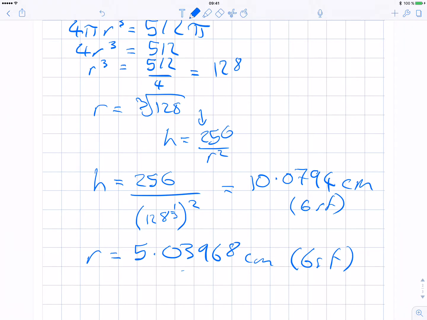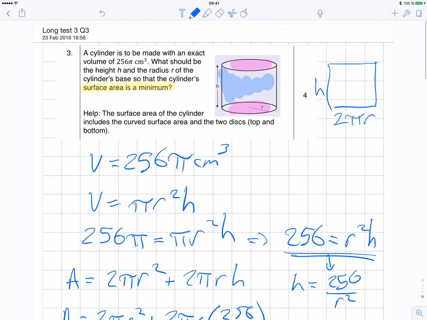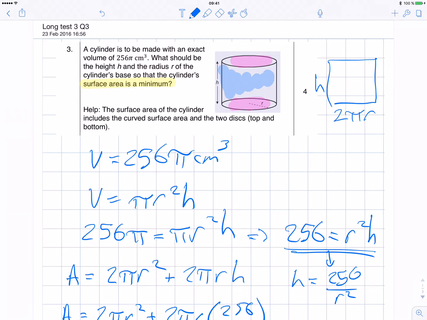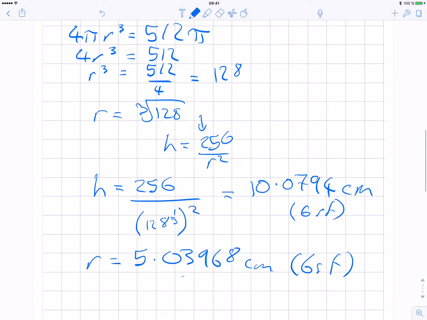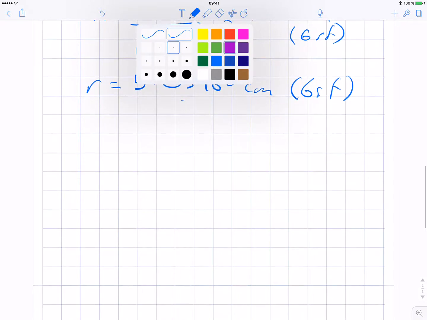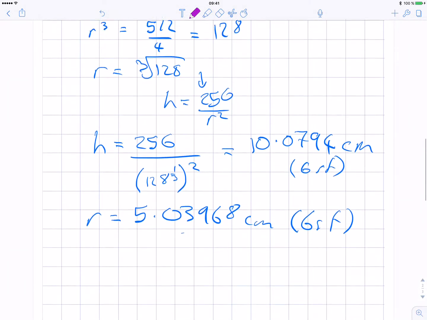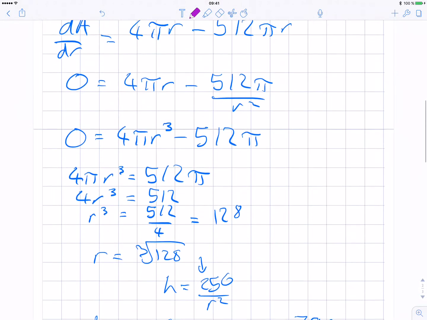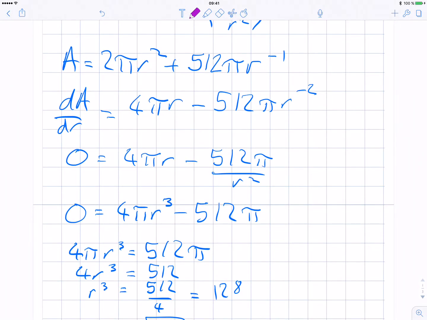Just make sure I've got all the calculations right. I'm happy with that. Now, does it ask me to check if it's a minimum? No, it doesn't, but it's always good practice, so I'll put this in a different colour. We know we're having to differentiate this again.